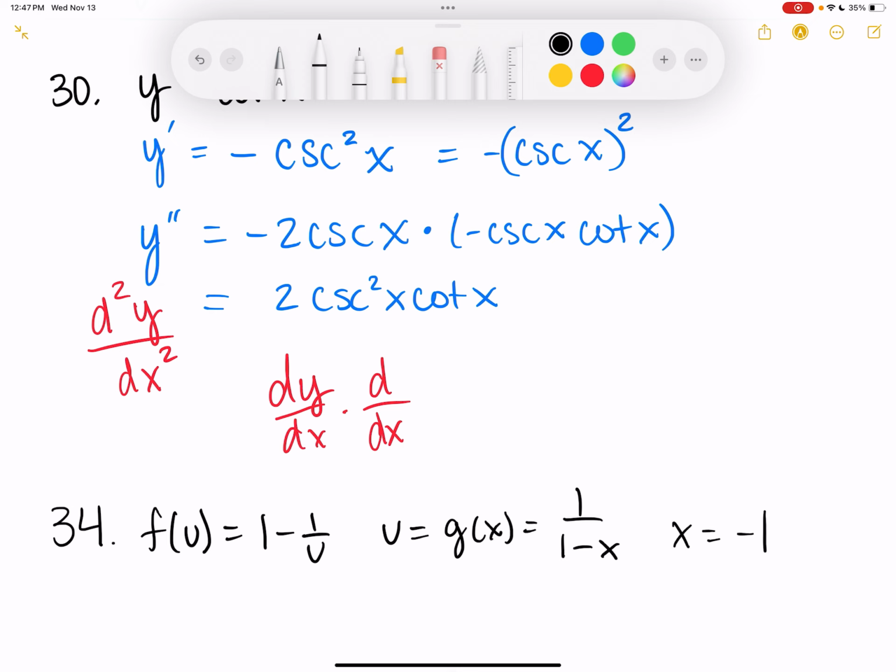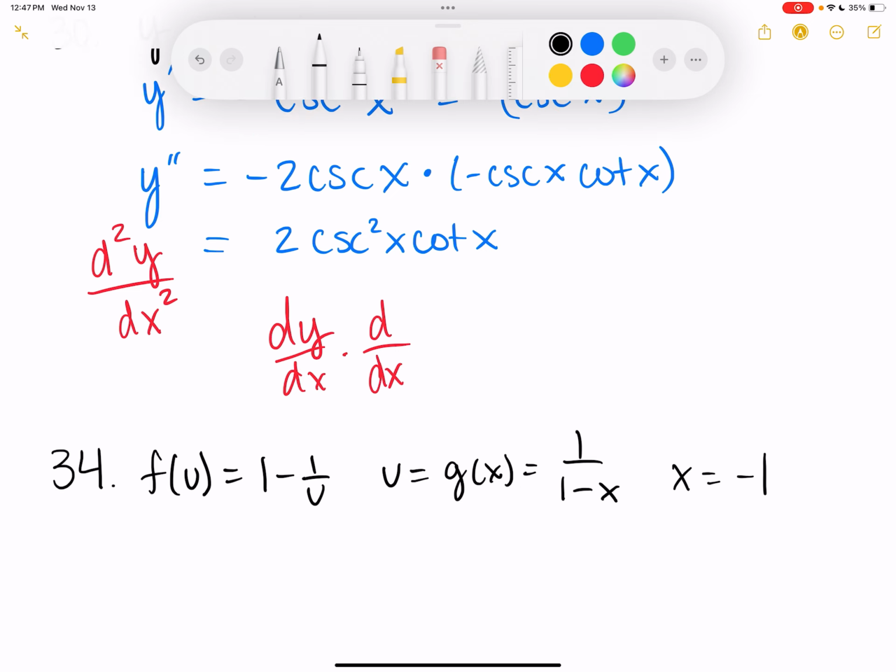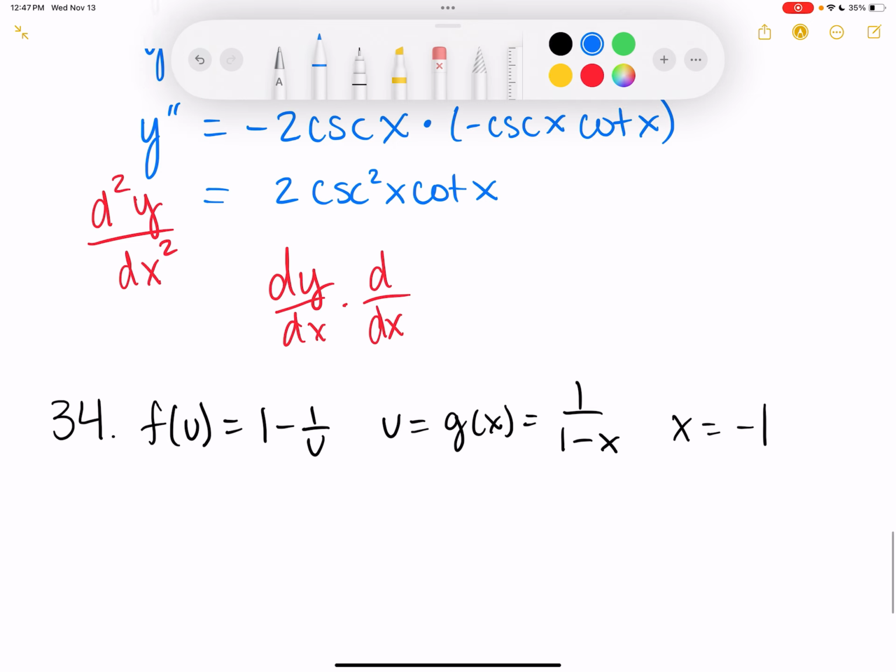X equals negative 1. I'm glad that x doesn't equal positive 1. Well, am I really? If x equals positive 1, then would we be able to solve it? No, it'd be undefined.